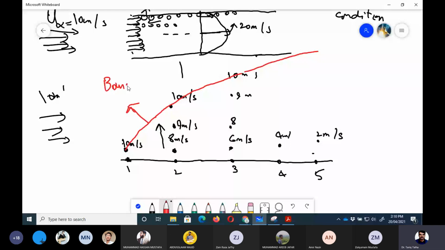The boundary layer thickness is the distance away from the surface at which the value of the velocity becomes almost equal to the free stream value, which is coming from outside the pipe.